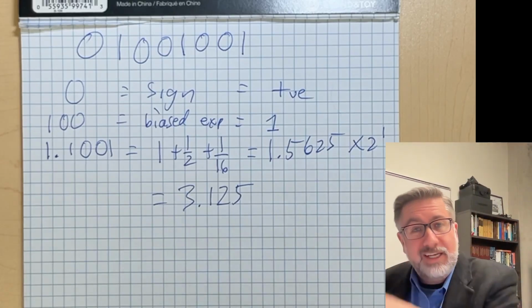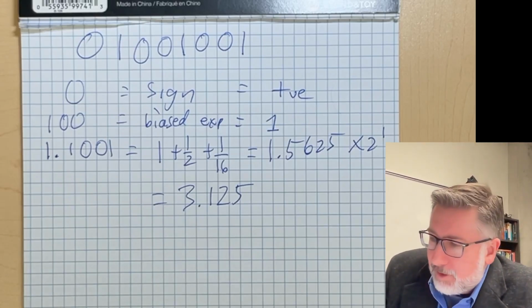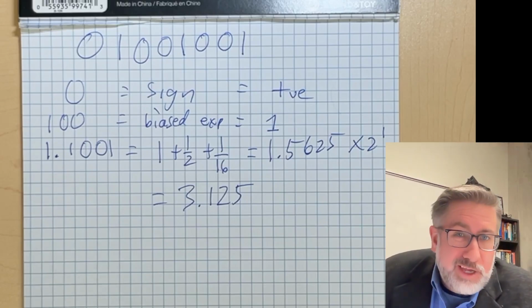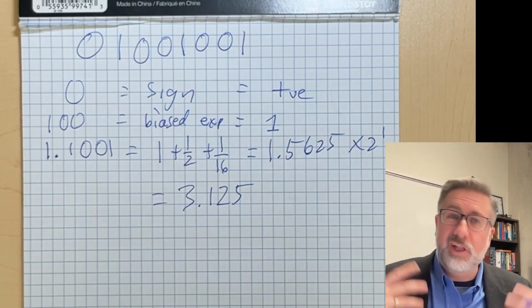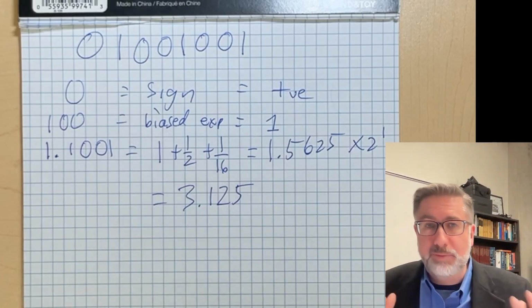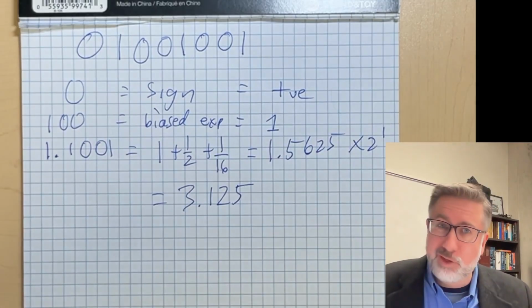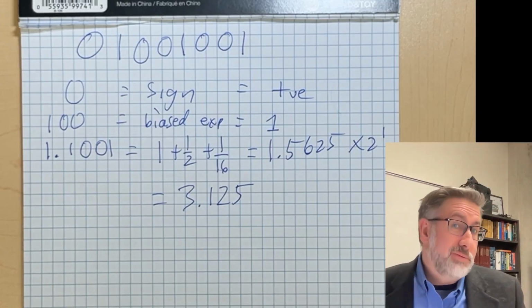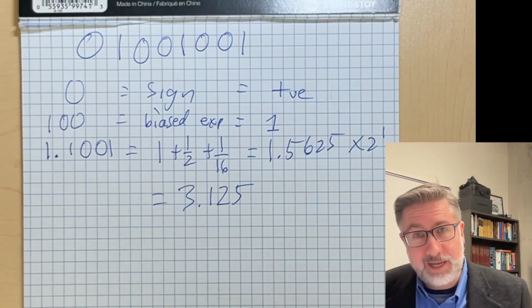And what you'll find in your regular floating point numbers in your programming is that most of the time you get close to the number you want because you've got a lot more bits. 32 bits means you've got a lot more bits in the significand, a lot more bits in the exponent. So most of the time you get the number you want, especially for human scale numbers. But sometimes you don't. Sometimes you get numbers that aren't exactly what you want, and bad things can happen, as we'll see.